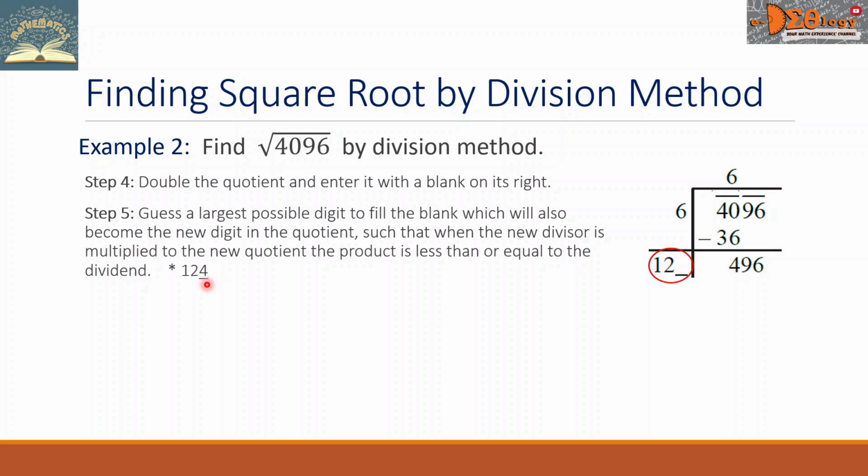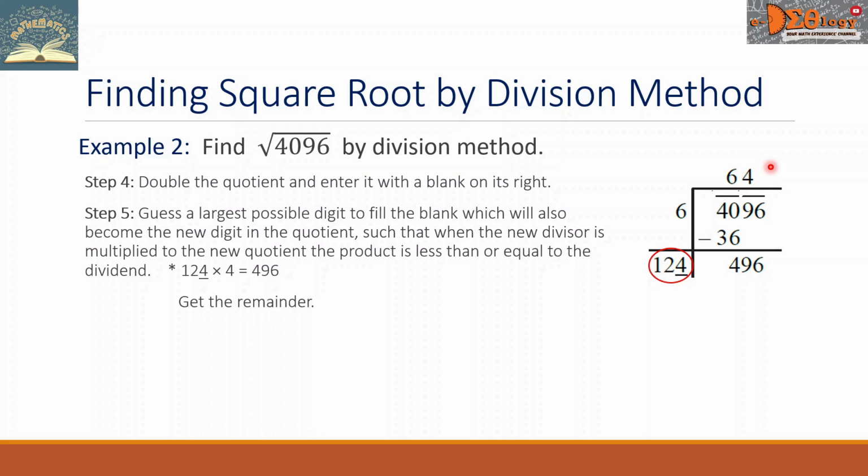Since we write 4 here, 124 is multiplied by 4, and the product is 496, which is equal to the new dividend here. So we write and finalize the digit 4 here. At the same time, the digit 4 comes after number 6. So the new quotient now is 64.